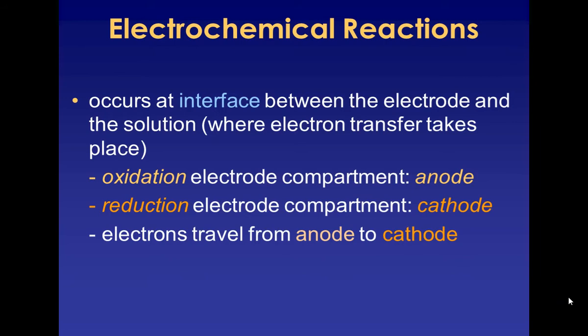Your electrons will always move from the negative compartment, the anode, to the positive compartment, the cathode. Why do we refer to the anode as negative? Well, the anode's losing electrons, so it's giving up those negative electrons while the cathode is taking them on. Because it's taking them on, it's going to become more positive.